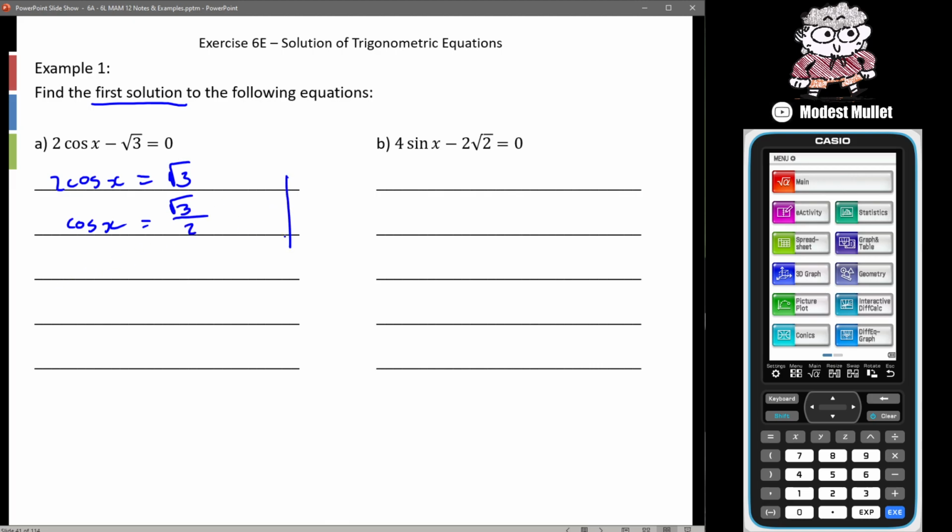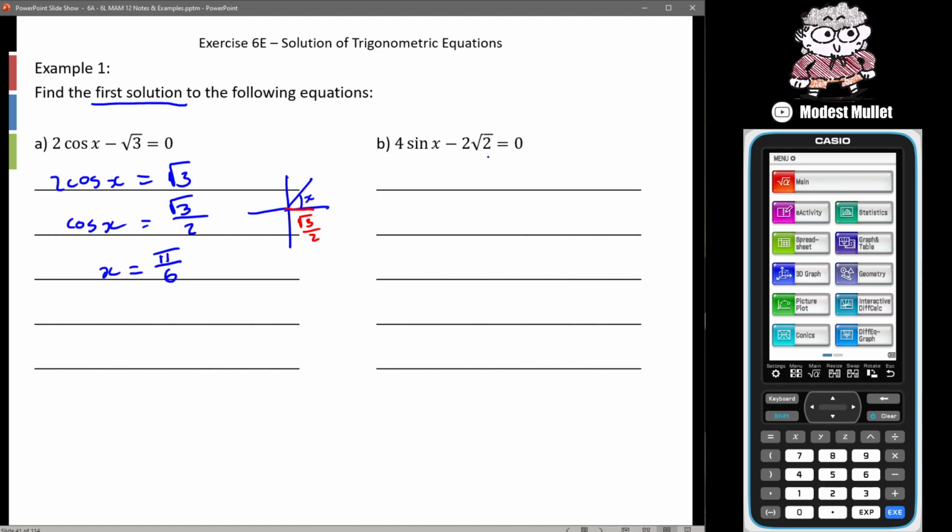So this is again essentially saying some angle, what is that angle, called x, and I want the horizontal component now, and I want that to be root 3 on 2, because it's doing cos. What angle is going to give me that? Well, x is going to be, root 3 on 2 is the largest horizontal, so that will also be pi on 6. And that's our first solution.